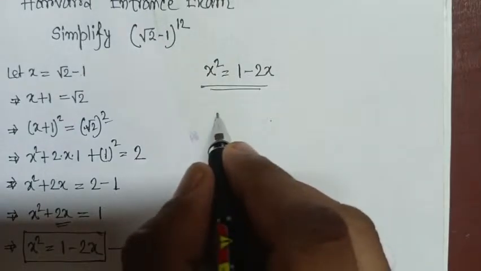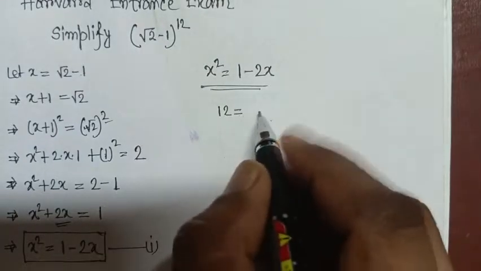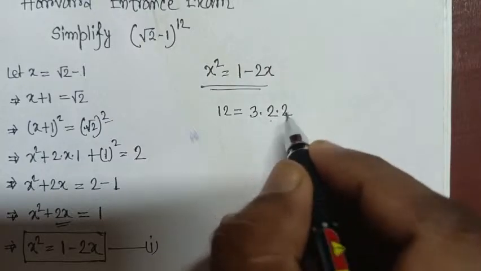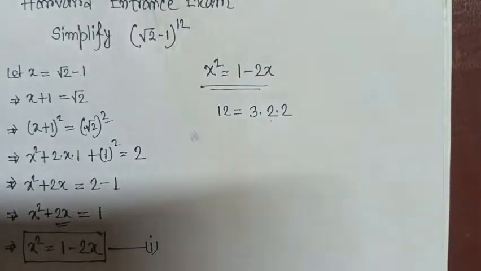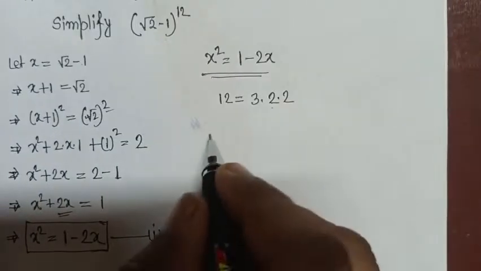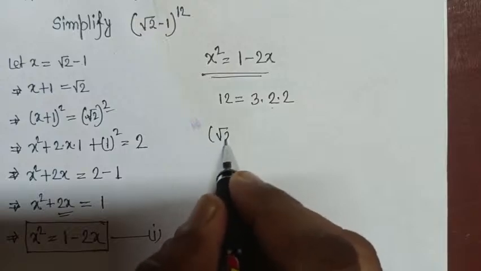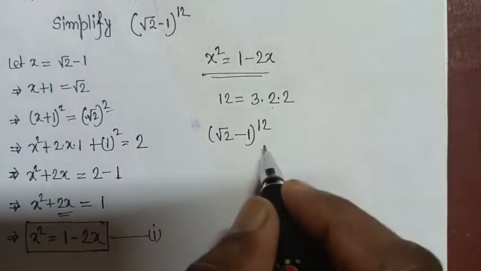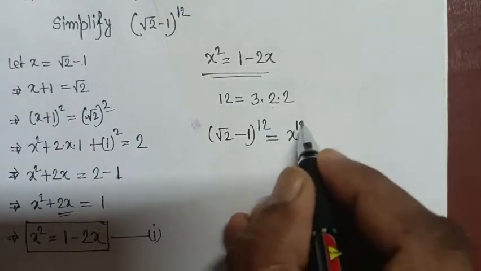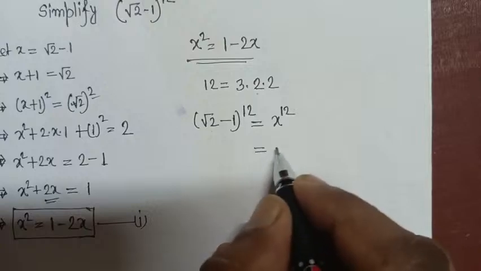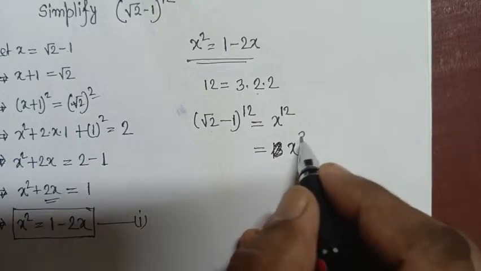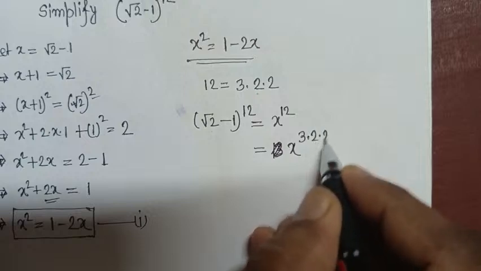And we can write 12 as 3 multiplied by 2 multiplied by 2. So we can write square root 2 minus 1 to the power 12 is equal to x to the power 12. Now we are breaking that into x to the power 3 times 2 times 2.